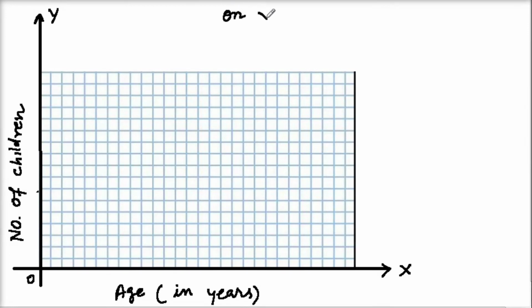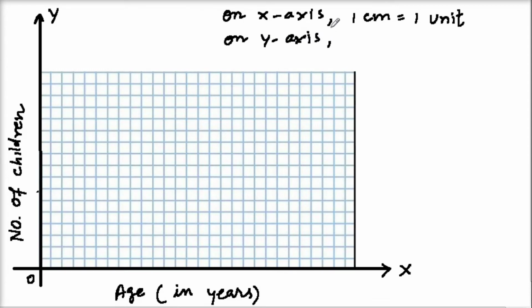Now let's take a suitable scale. On the x-axis, 1 centimeter will represent 1 year or 1 unit. On the y-axis, 1 centimeter will represent 1 child, or you can say 1 unit.